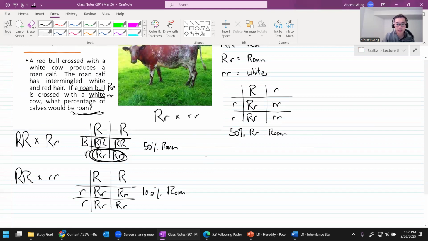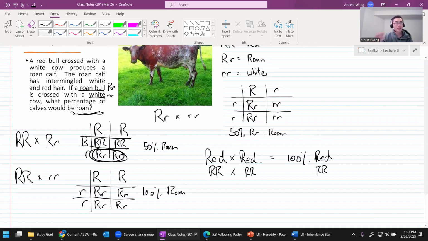Red and what? Red and red. That's right. Red and red equals 100% red. This is big R cross big R, 100% big R, big R. So when you're studying, try to think about these different combinations.